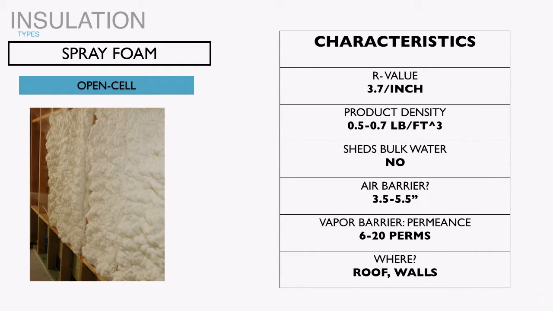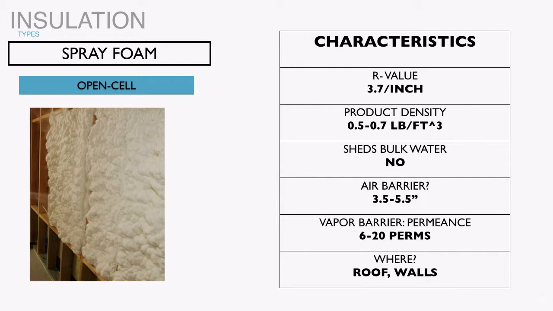So let's look at open-celled spray foam. Open-celled spray foam, on average, and all these values are on average, and there's a range depending upon manufacturer and actual product, and even depending upon the quality of installation. We're talking about open-celled spray foam.